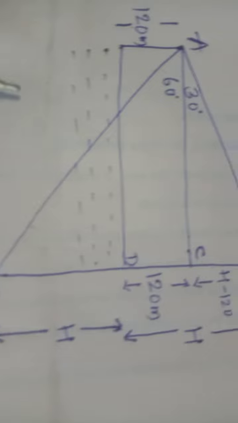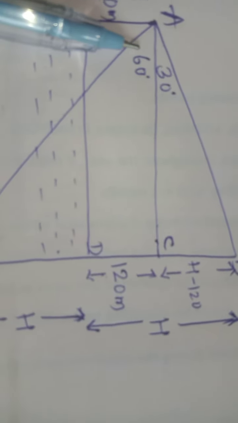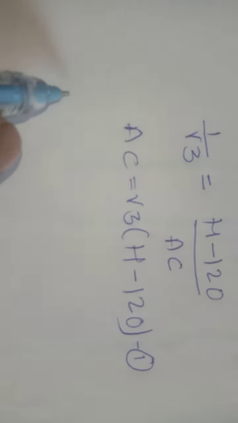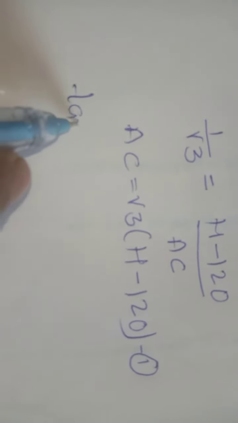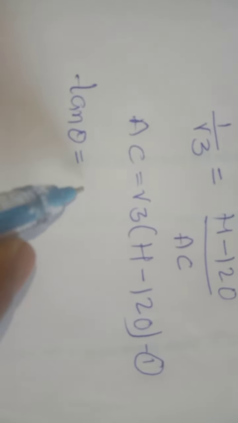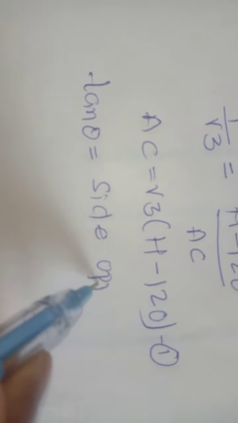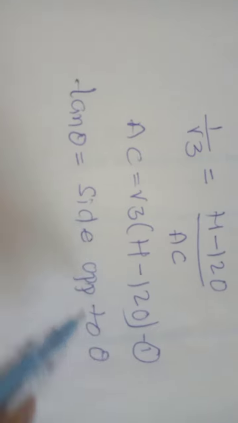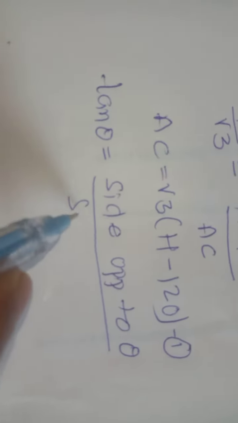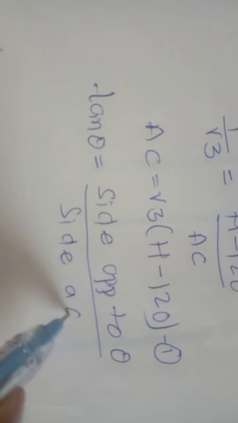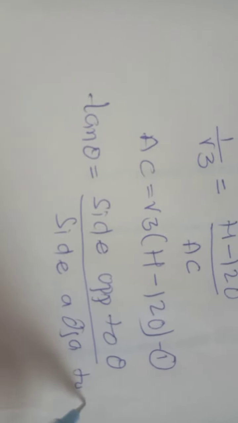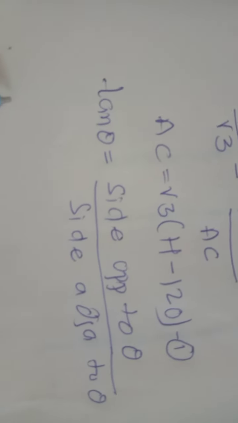Now here we have to find the angle of depression, that is 60 degrees. Again we have to take tan theta only. Tan theta is equal to side opposite to theta by side adjacent to theta. Here tan 60 degrees is there.